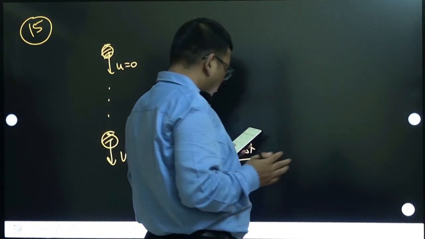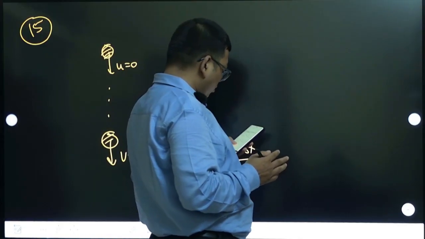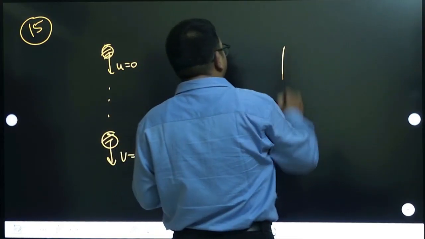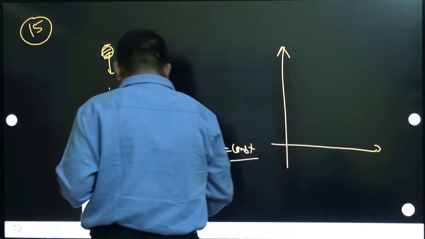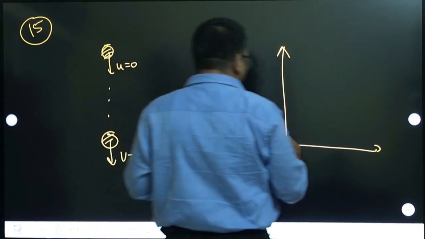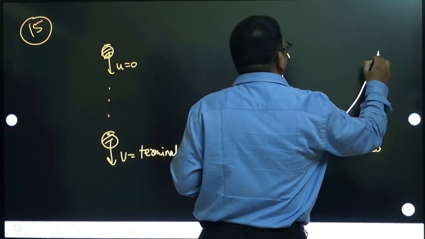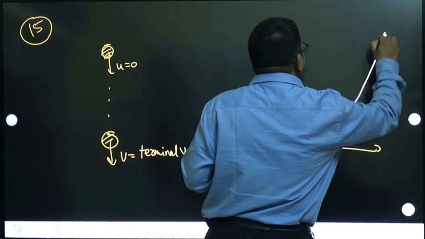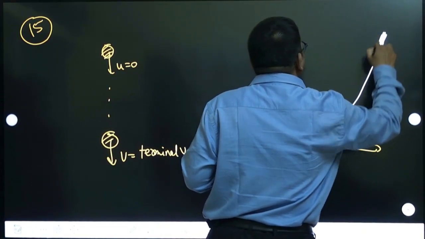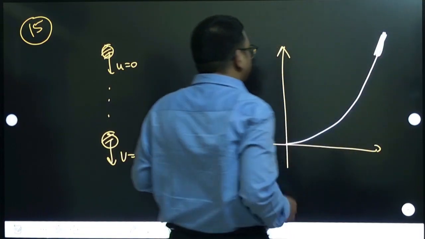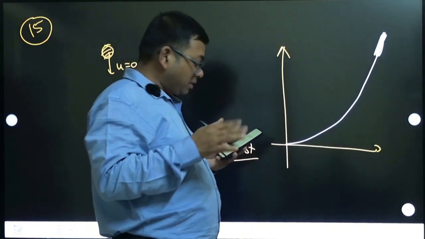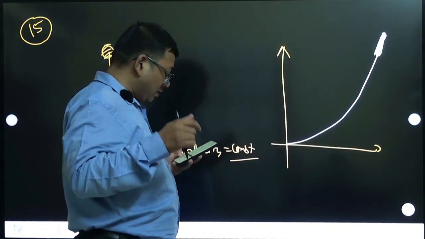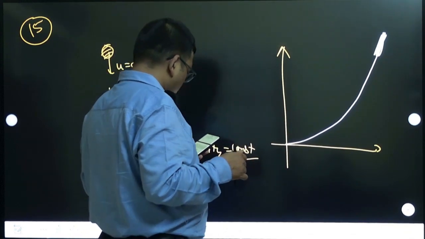So out of this, you can only figure out option D. Because here this graph will become like this, and after that the slope will become constant. This is what you have to note. That will happen after a long time, right? That's the only thing. Next, let us go to question number 16.